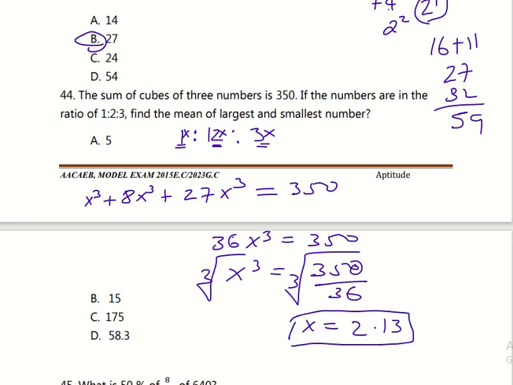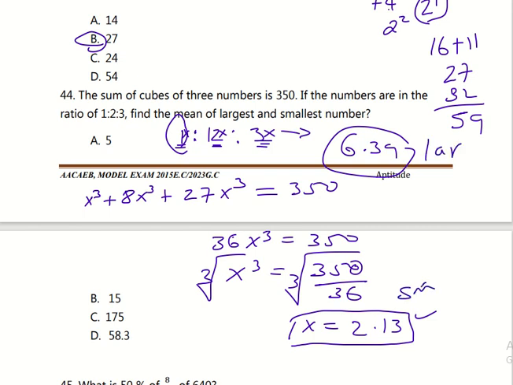This is x, the smallest number, but the question is to find the mean of the largest and the smallest. The first one is the smallest, x. The largest one has to be multiplied by 3, so that means this is going to be 6.39. So this is the larger one and this is the smallest one.